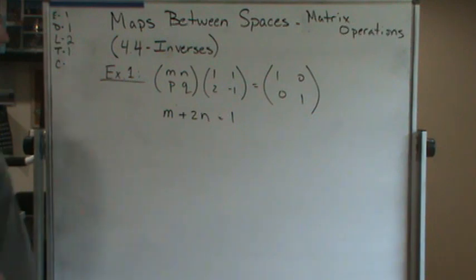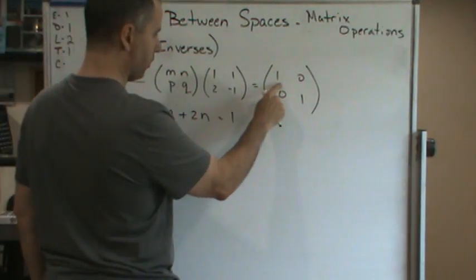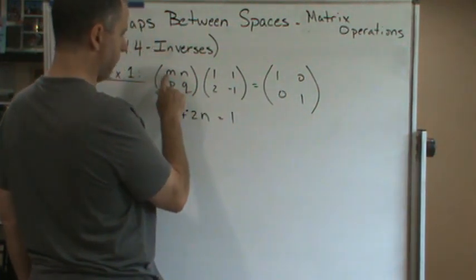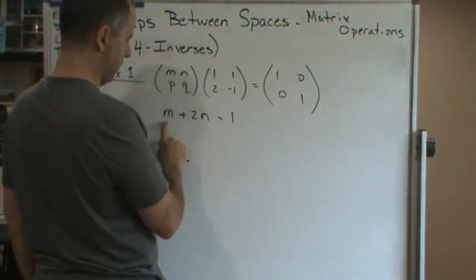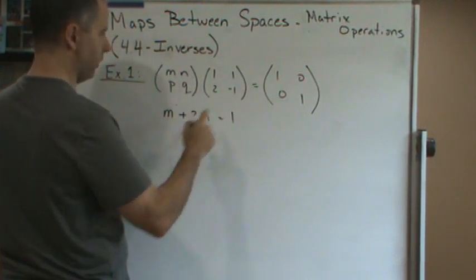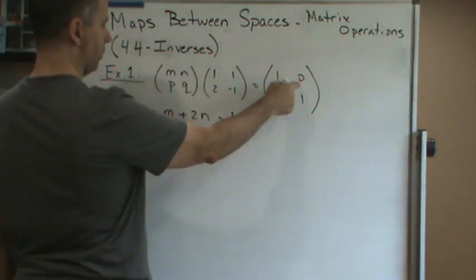Okay, you see where I got that? All I'm doing is doing my operations here. So for this cell, it's the first row, first column. So I get this linear combination is equal to 1. And now the second one is going to be first row, second column.